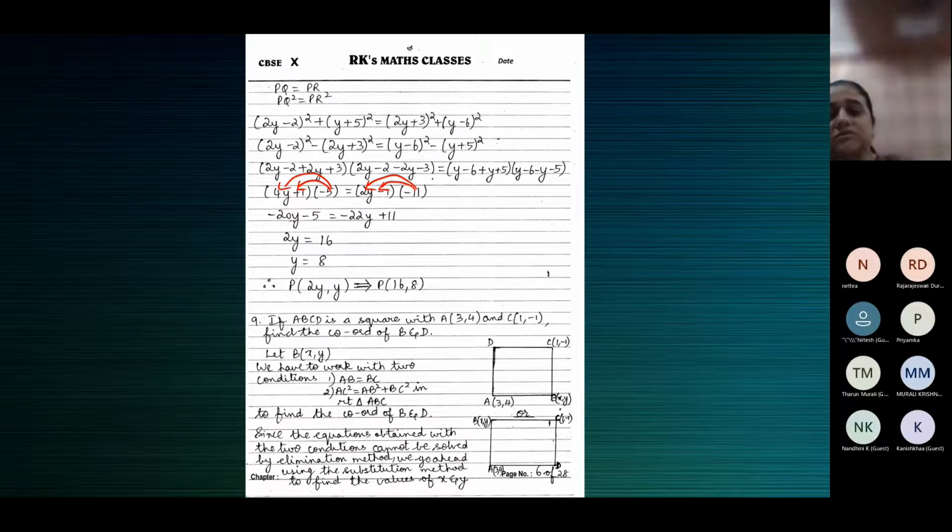Write down question number 9. Don't write all this, just write the question, and draw both the diagrams.